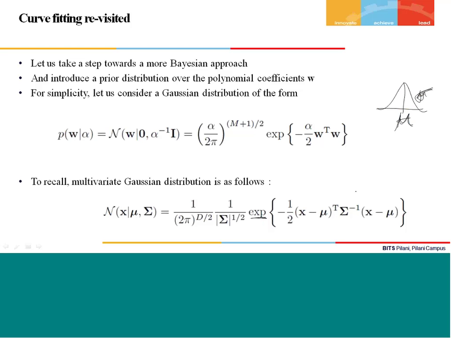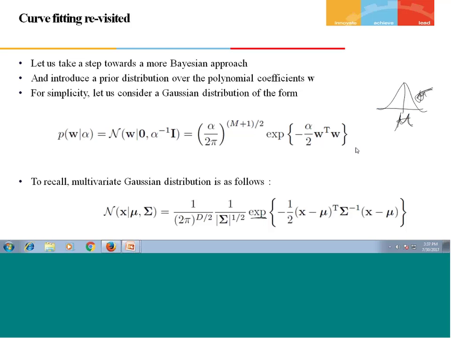Which book to follow for this topic? This whole set of slides is from Christopher Bishop, chapter 1. So just to read the chapter, you must go through these slides, then only you will understand what the chapter is.